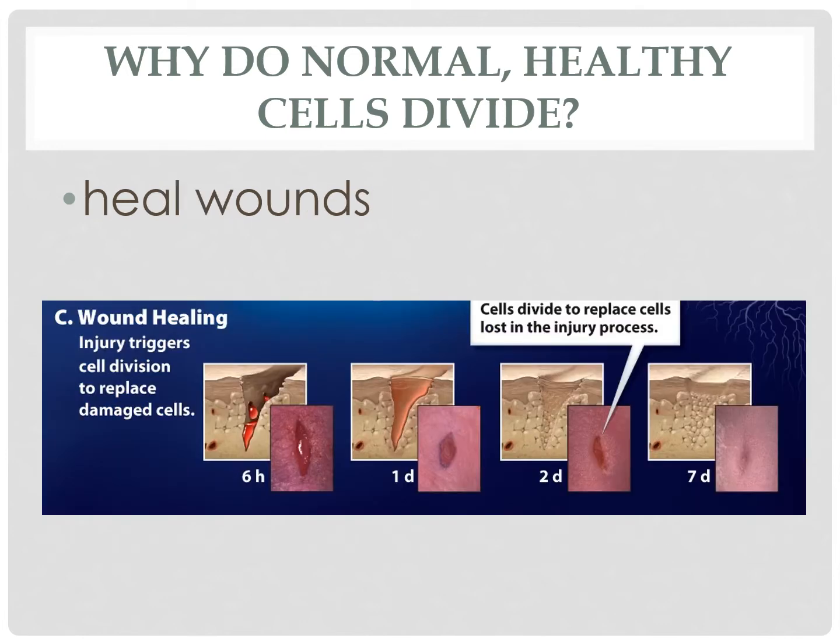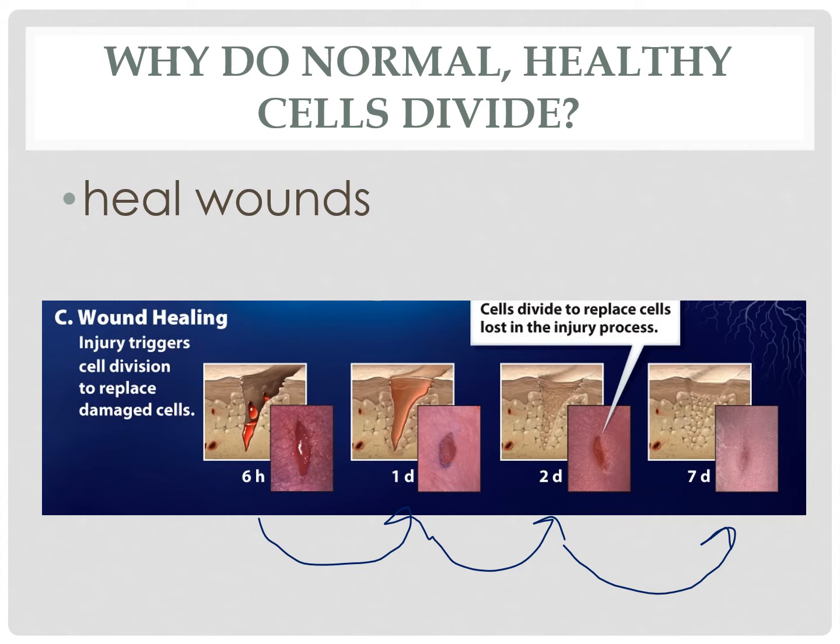The last reason is to heal wounds, and I'm sure you all have seen this before. Any sort of injury that you have really triggers cell division to replace those damaged cells, so you can see what's happening after 6 hours to 1 day to 2 days to 7 days. And we do have scars, and we develop scar tissue sometimes, right?